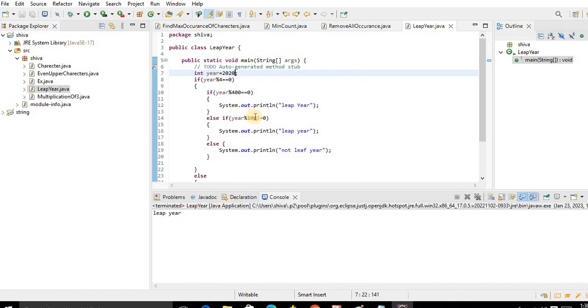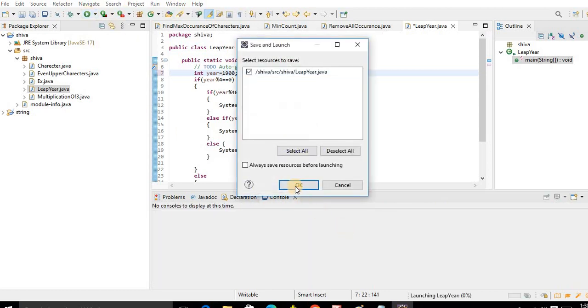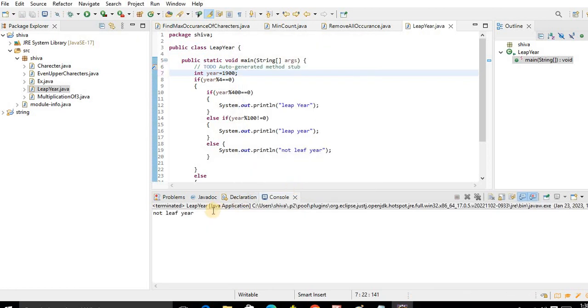Next, 1900 is not a leap year. This is a leap year program.